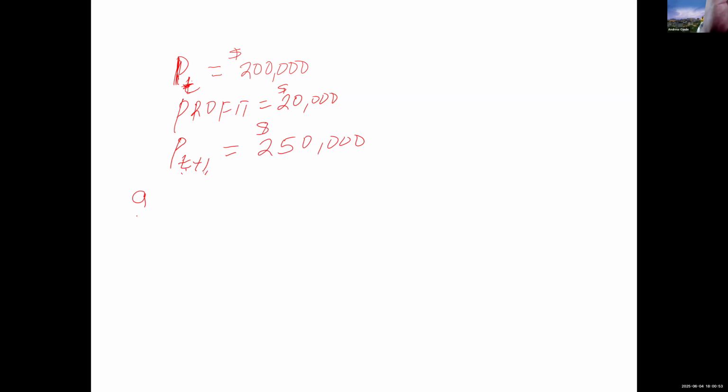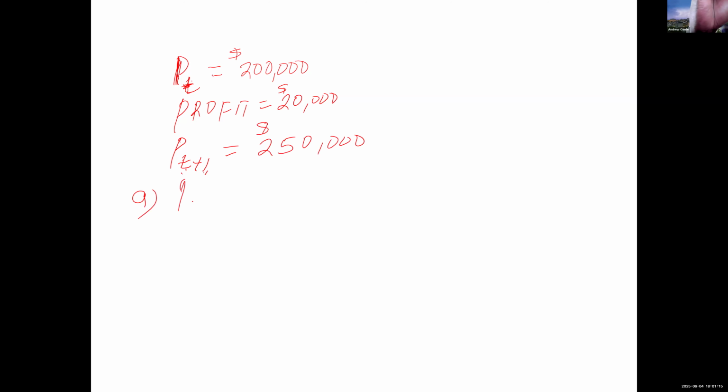So A, the rate of capital gains is the percentage change in the price of an asset.